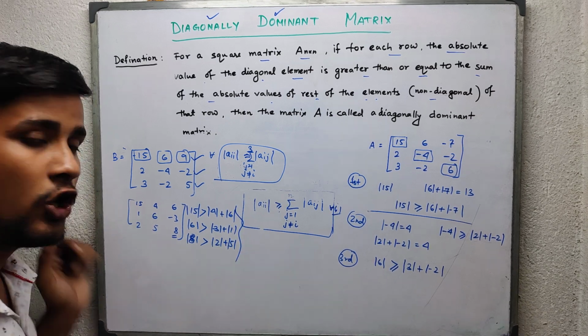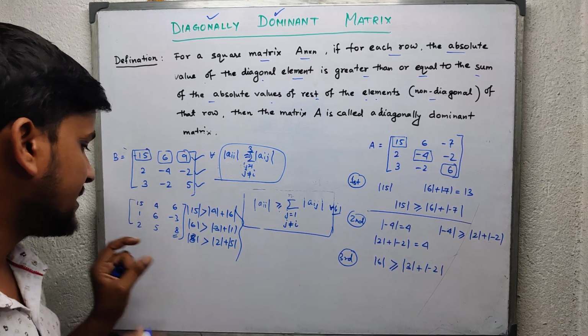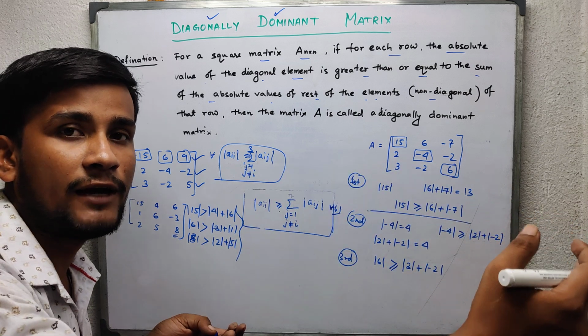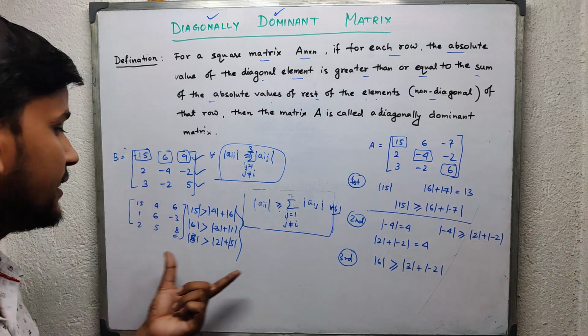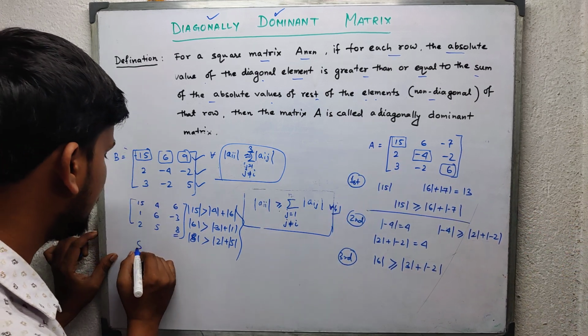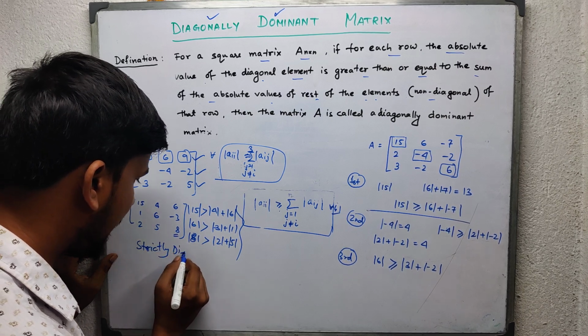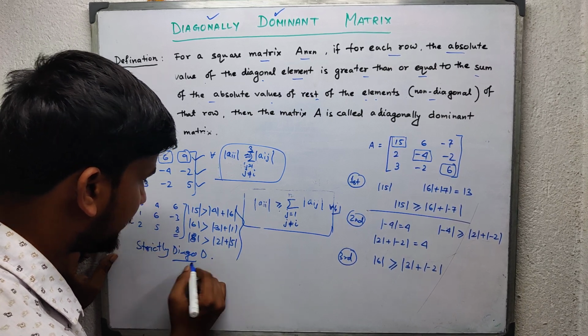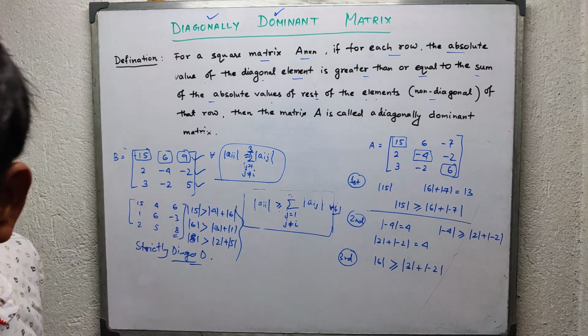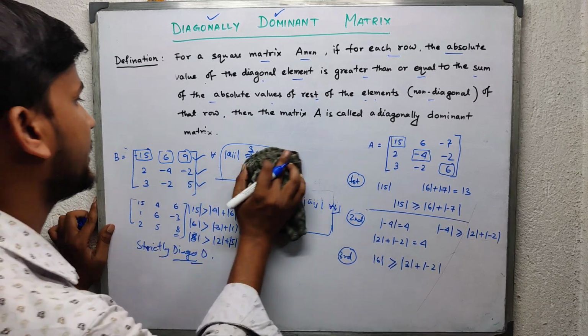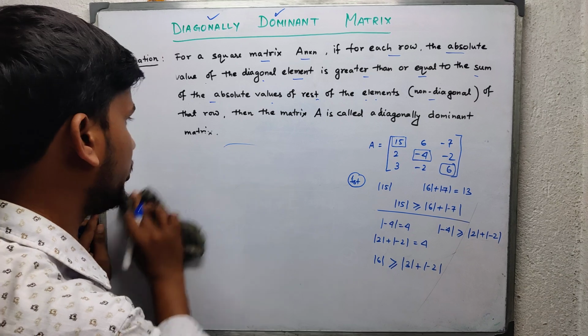So in all three cases, the diagonal element is strictly greater than the sum of absolute values of the remaining two elements. That is, this matrix we can say is strictly diagonally dominant.